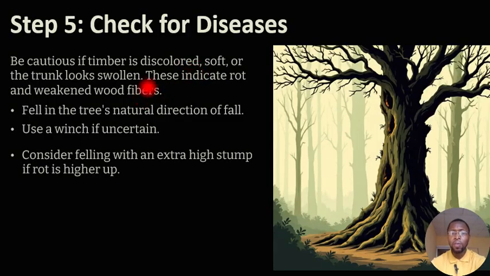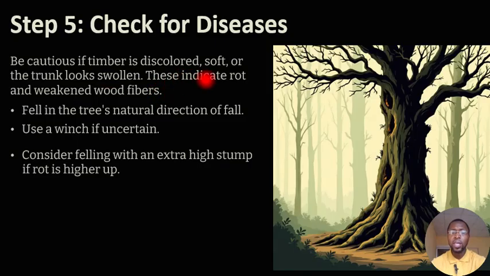So if the tree has changed color, maybe it has completely turned brown and reddish, it means that it has disease. Or if the tree is soft or swollen, that means the tree is already having disease. So this should be put into consideration before felling.